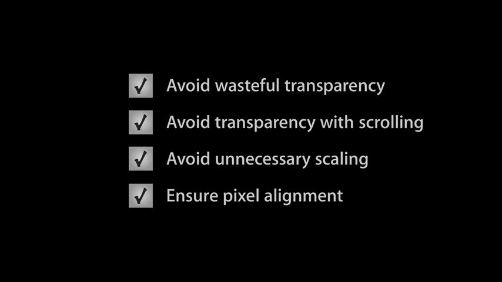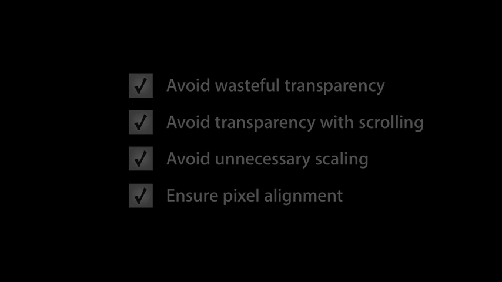Okay, so we just saw a great demo of using the Core Animation instrument to figure out exactly how you're drawing in your application. So remember, avoid wasteful transparency, avoid transparency with scrolling in particular, avoid any unnecessary scaling of your graphics content, and ensure pixel alignment.